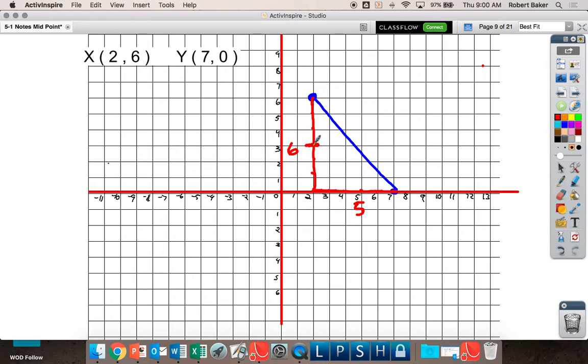What's half of 5? 2.5. So now, what's the midpoint right here? Can you tell me what that is? You know it is because you mathed it. You know it's 4.5, 3, but it's not as easy to see on a graph, is it? So this is where the graphing part isn't so great. You get decimal numbers.